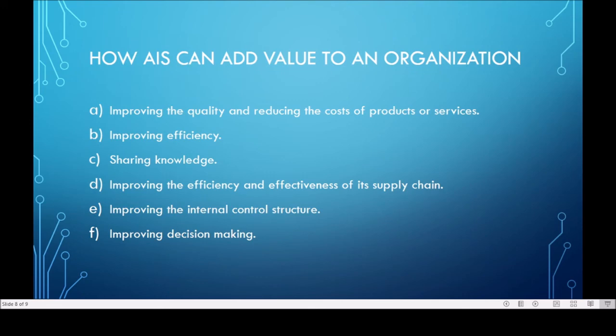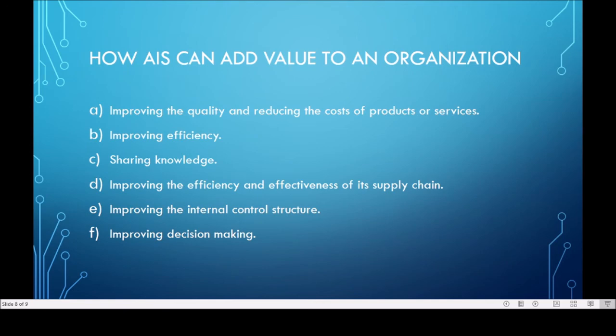If there is an accounting information system, or a system to gather data and to produce information related to accounting, we can eradicate the overlapping of jobs, or we can be efficient. So that's why letter B, it improves efficiency on the part of the organization.